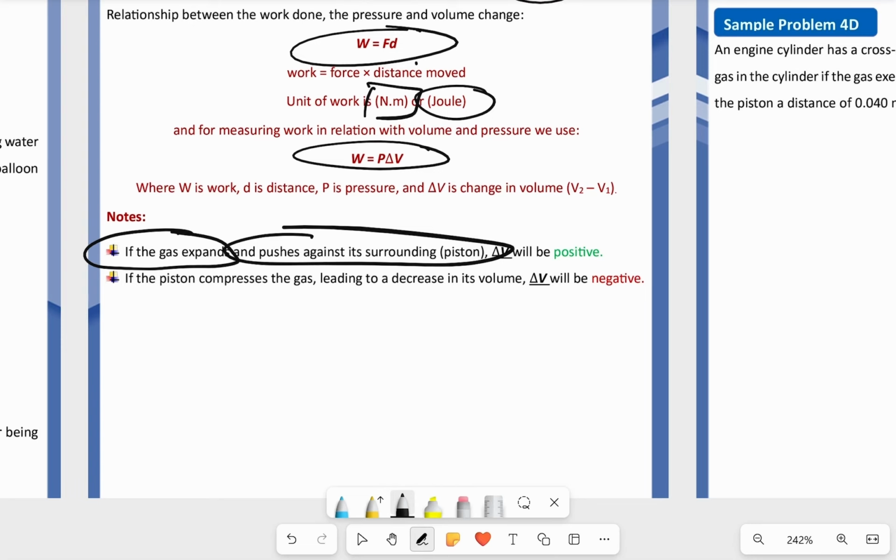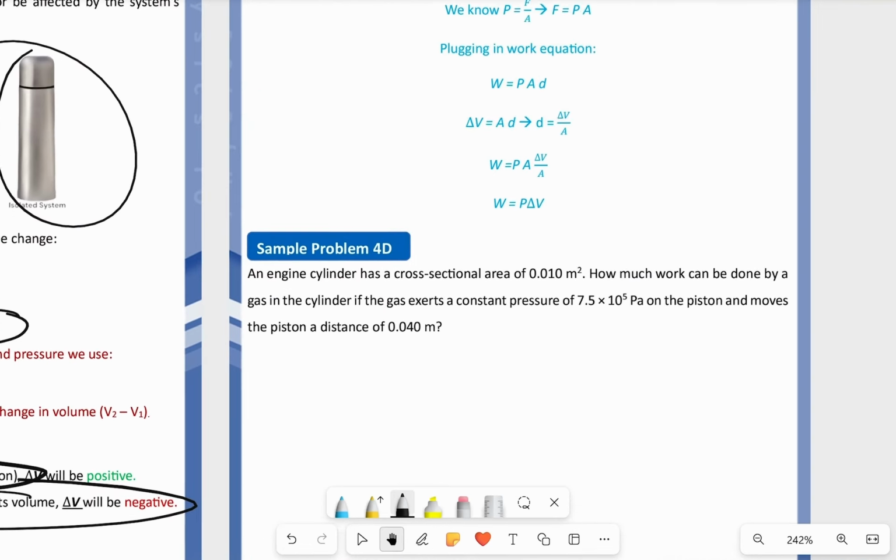Careful. If the system compresses the gas, leading to a decrease in its volume, it's going to be negative. Here, work is done on the system, not by the system. The piston is compressing the gas, so basically the piston is doing work on the gas. Delta V is going to be negative.